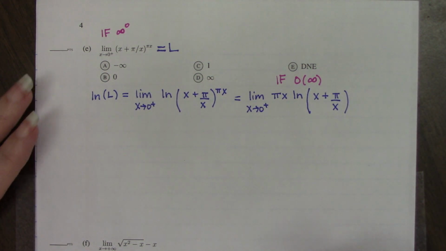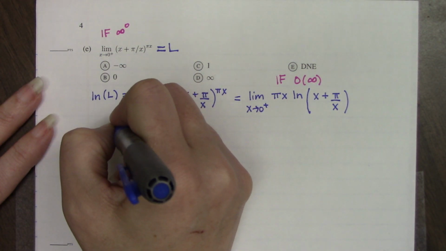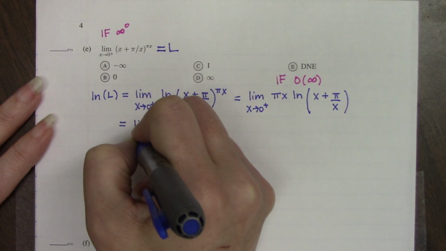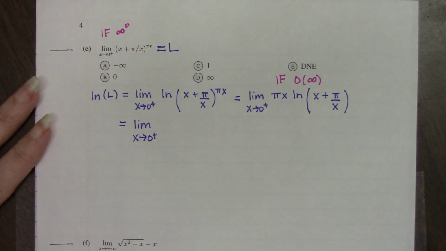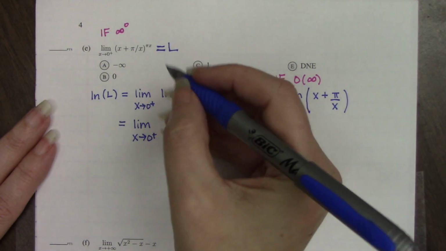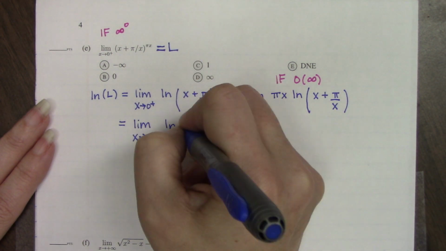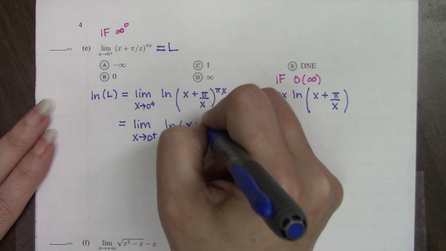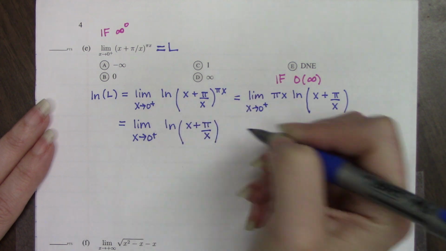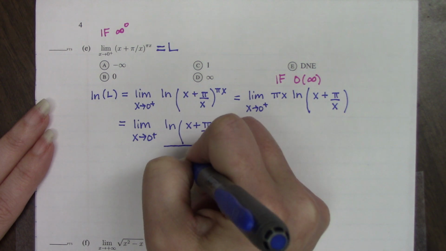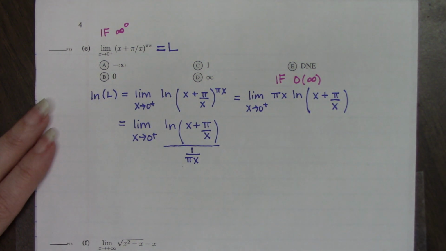When you move something into the denominator, we have to invoke its reciprocal. With trig identities, it's nice because all six of them have their own reciprocal identity. But in the general case, we do it the following way. We're leaving natural log in the numerator, and when I move pi x into the denominator, it has to become 1 over pi x.